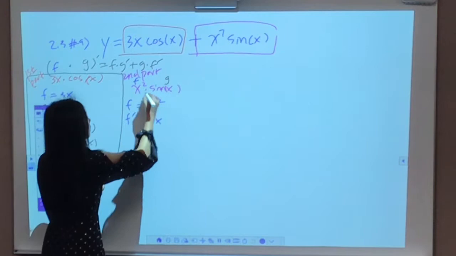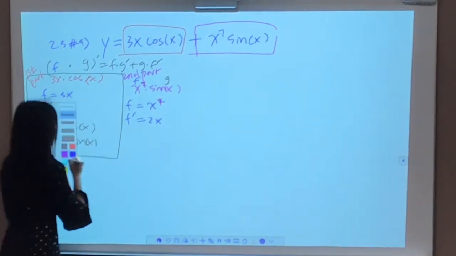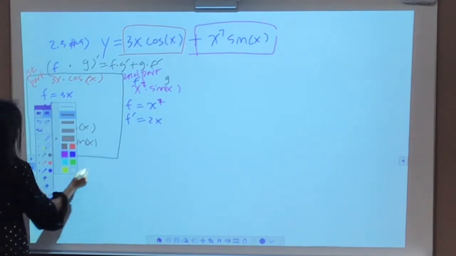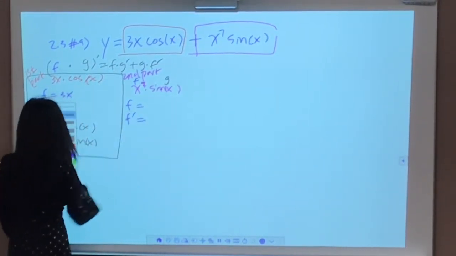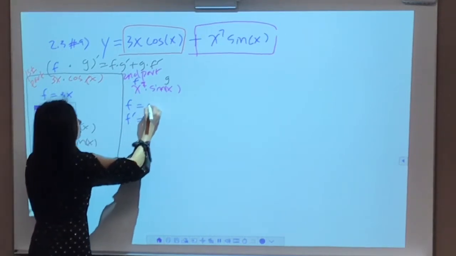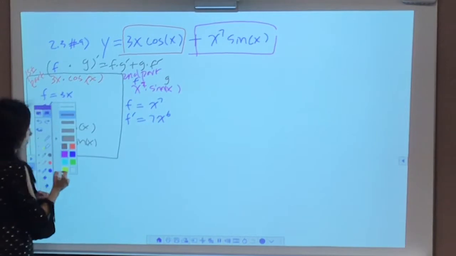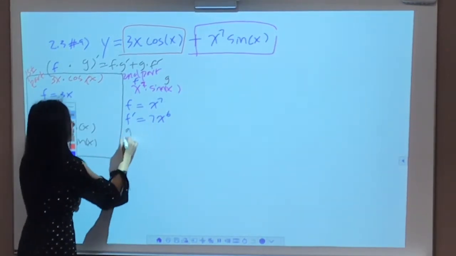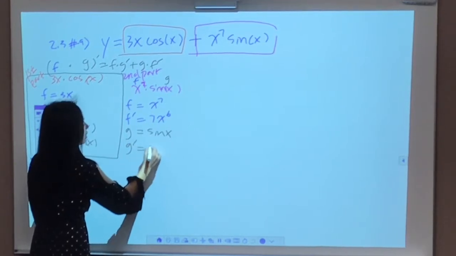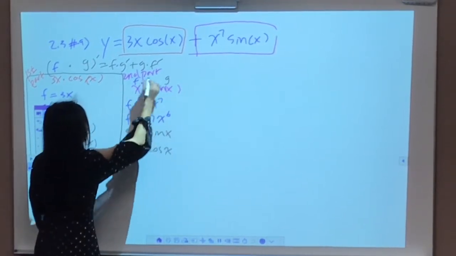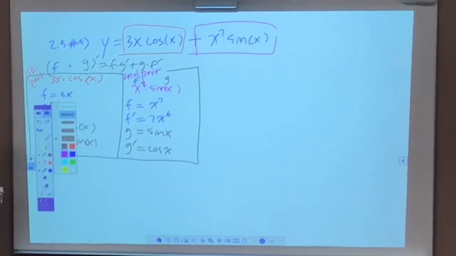Give him credit because he saw it. All right. So it'd be x to the 7, and then 7x to the what? 6. Next one is what? G is equal to sine x. So g prime is what? Cosine x. So I got my second part. Okay. So far so good?